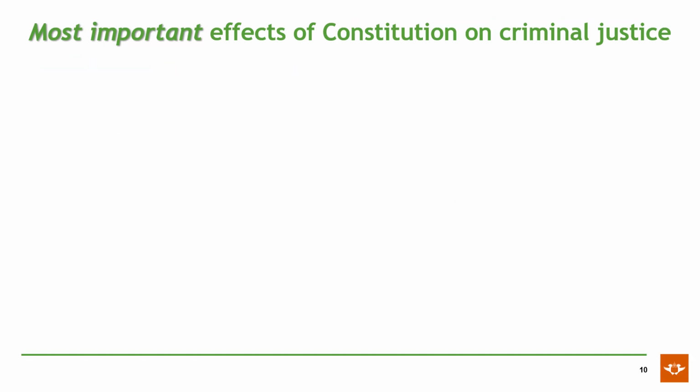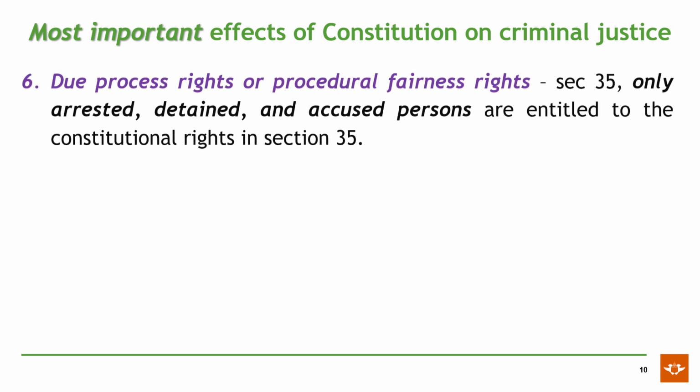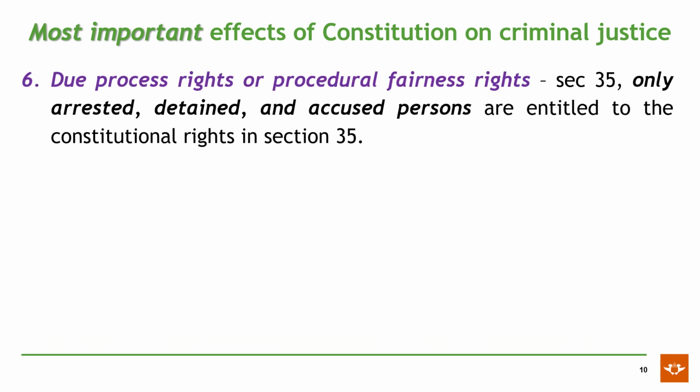Staying with the entitlement to constitutional rights, an accused, an arrested, or detained person is also entitled to constitutional due process rights or procedural fairness rights that we find in section 35(1), 2, and 3. Now, unlike human rights to which everyone is entitled, these due process rights are only applicable to arrested, detained, and or accused persons.